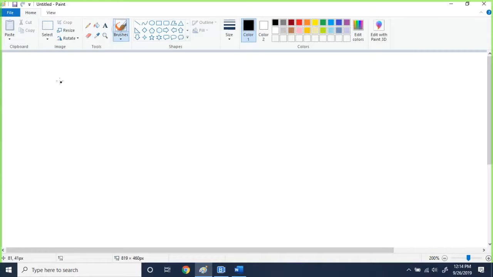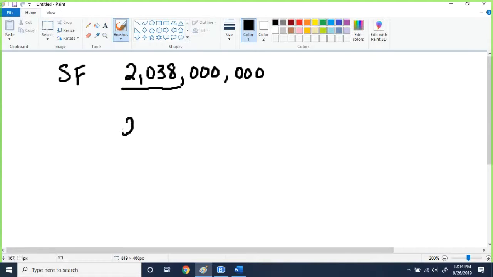Our next number in standard form. You realize some of these numbers get really big, but don't be intimidated by the numbers. Just stay doing the steps to it. So first we're going to write out all of our positive integers. A 2, a 0, a 3, and an 8.